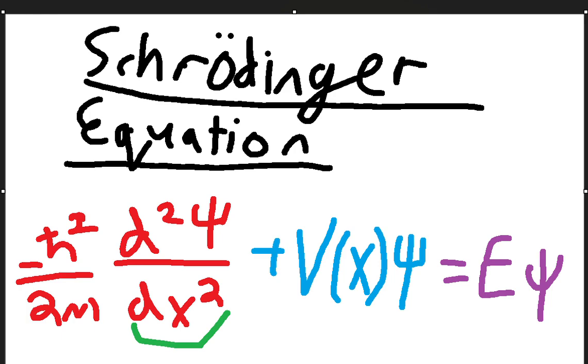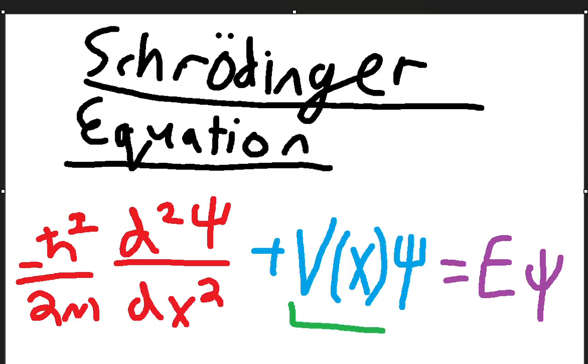In this case, it's how steep the wave functions are. So when the second derivative is close to zero, that means you're living on a flat wave function where there's basically no probability. And when the second derivative is very high, then that's a steep wave function.